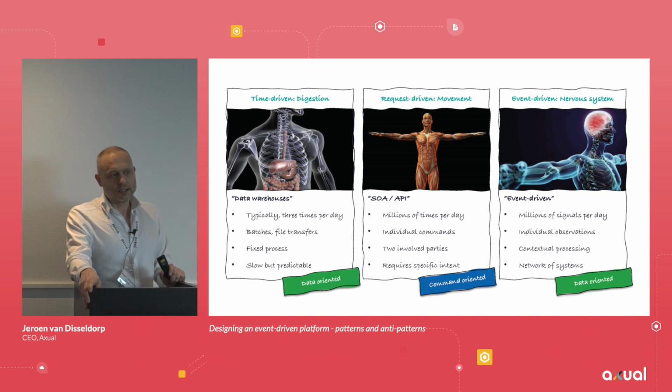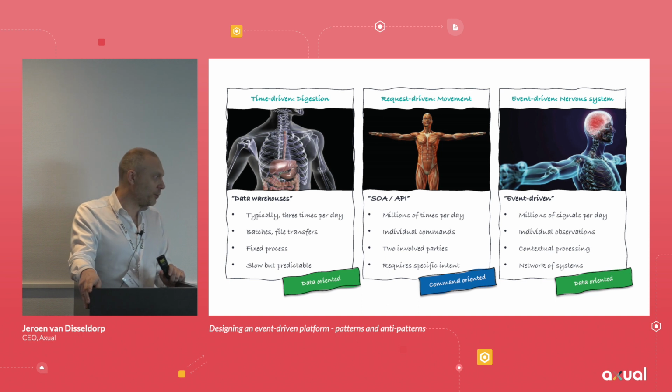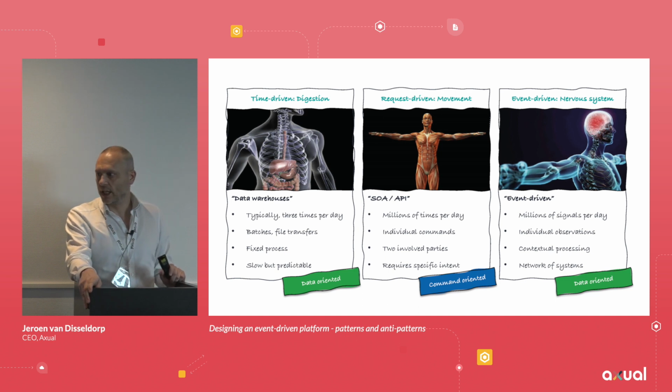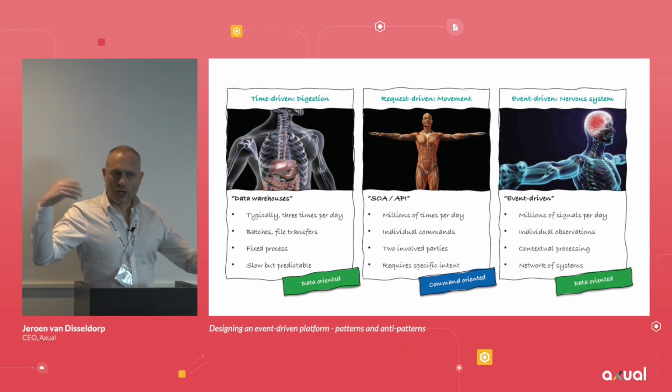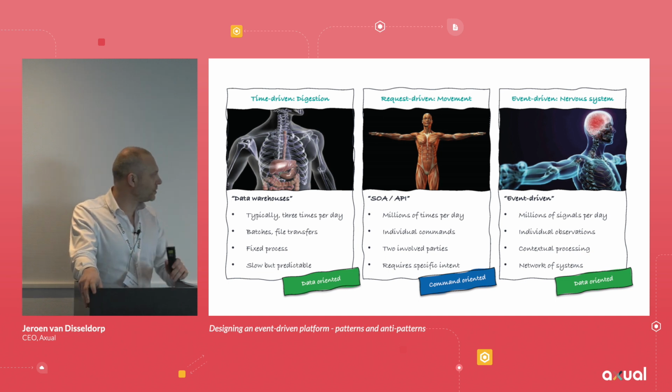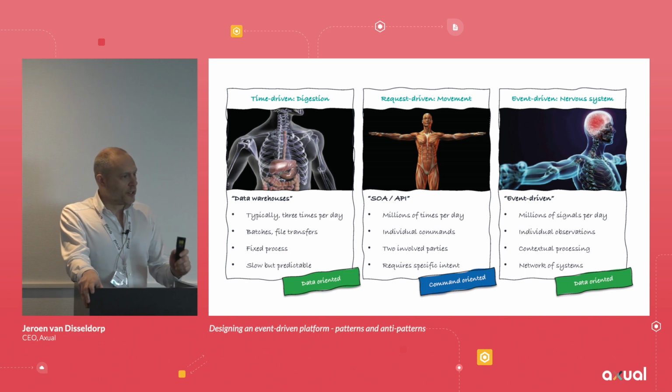But basically, it's your brain controlling your muscles. So you continuously send commands like contract or relax, and your arms and your legs will obey the signals that they get. It's much more frequent. It's millions of signals per day. It's individual commands that you send. Usually it's 2 involved parties.